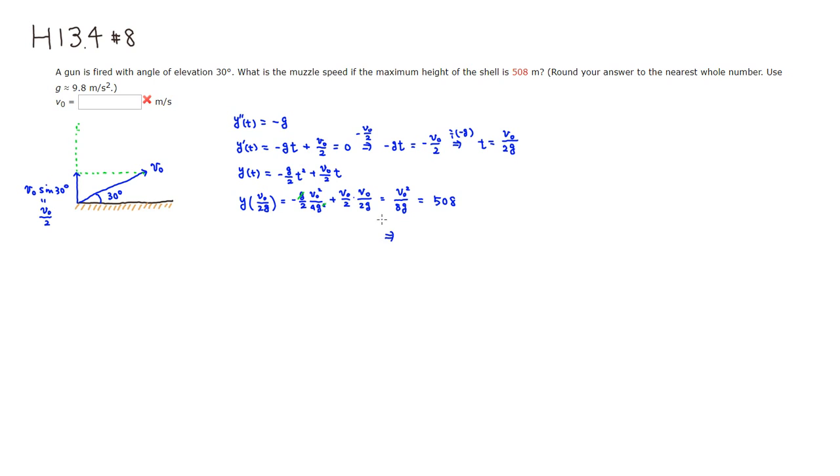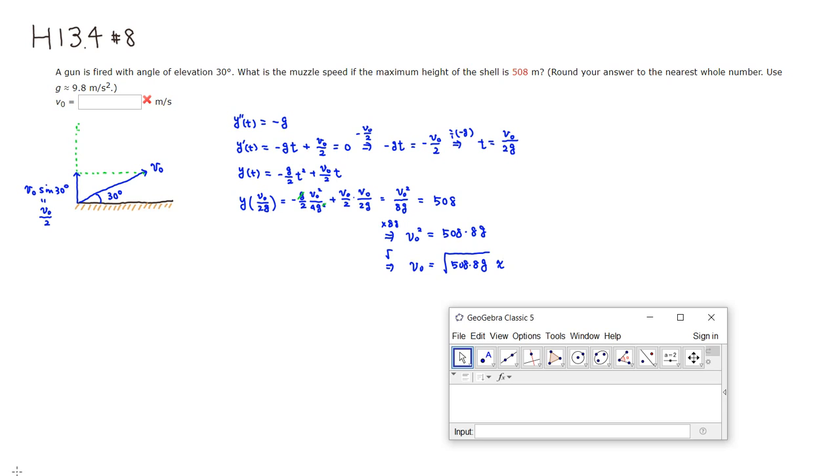Then we can just solve for v0. First, I'm going to multiply through by 8g, so v0 squared is equal to 508 times 8g. Then we take the square root of both sides. We have v0 equal to the square root of 508 times 8 times g. Let's find this value.